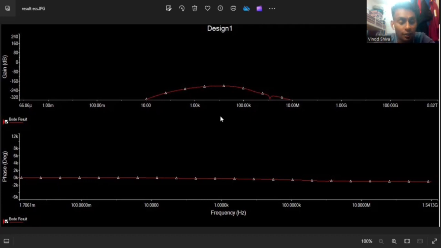What we would like to do here is interpret the gain and phase. Let's talk about the gain characteristics. The system has a very narrow band where it significantly amplifies the input signal, around 10 kilohertz to 100 kilohertz, and significantly attenuates signals outside this range.